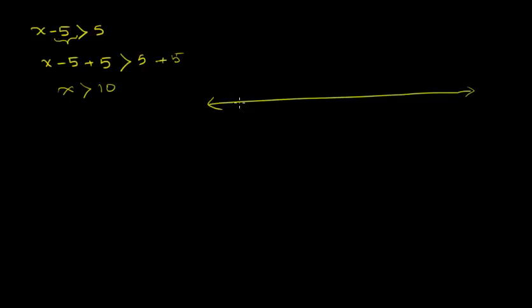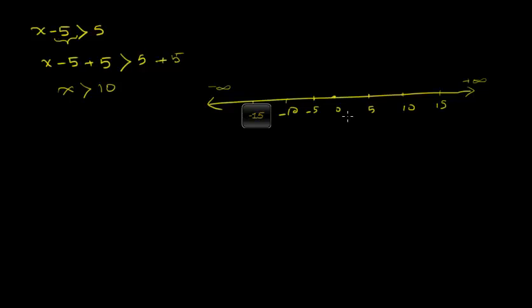This is our number line. 0, 5, 10, 15, minus 5, minus 10, minus 15. That's minus and positive infinity on both sides.